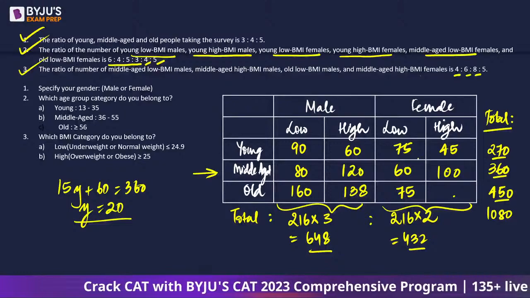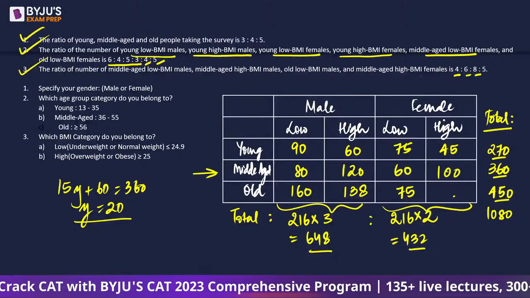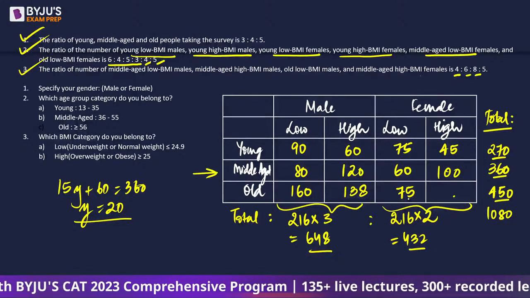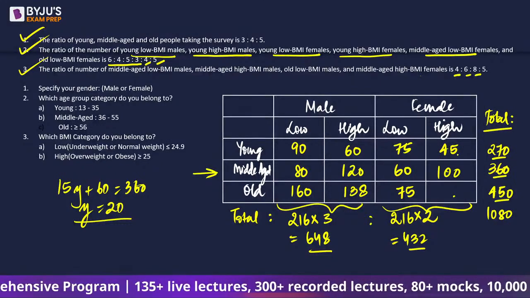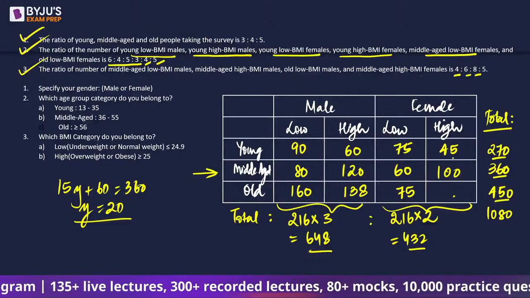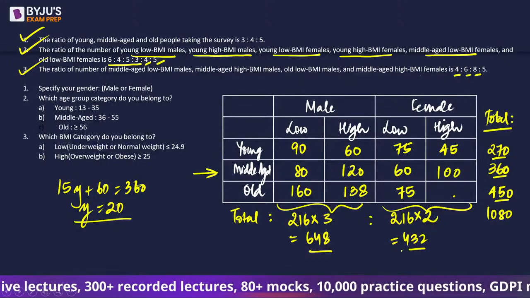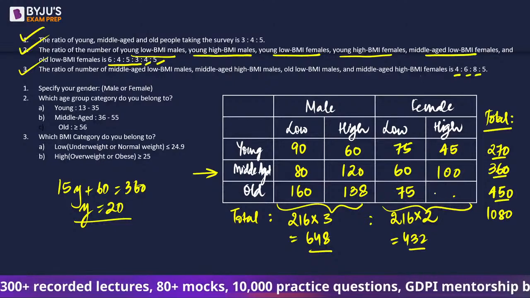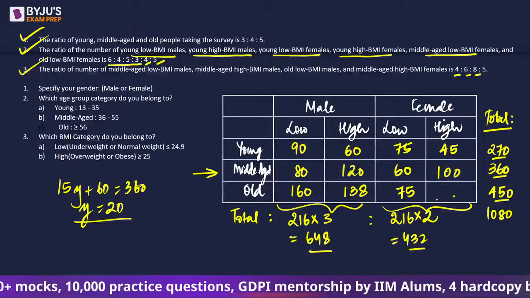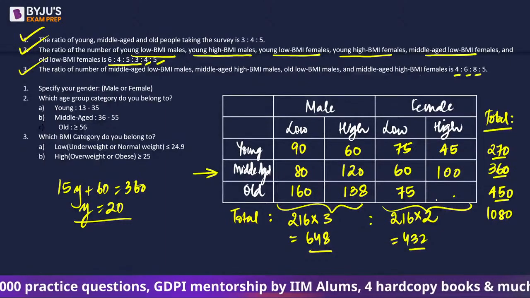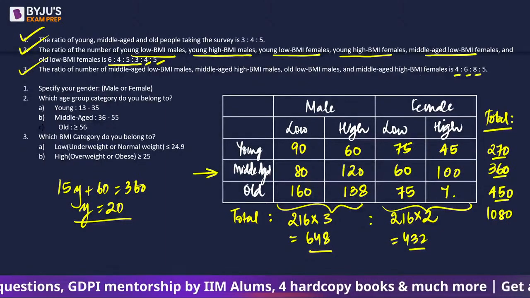Similarly, if we look at female overall, this is 75 plus 75, which is 150, 250, 310 plus 45, which is 355. Total overall we have is 432. That will result in 45 plus 32, plus 32 is going to be 77.